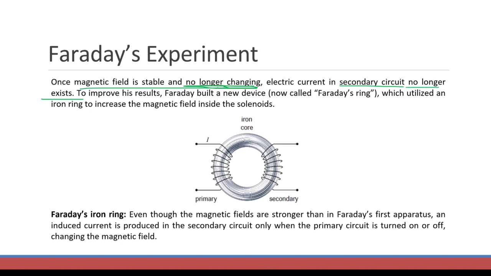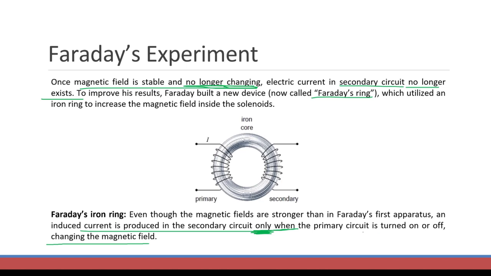To improve his results, Faraday built a new device, now called Faraday's ring, which utilized an iron ring to increase the magnetic field inside the solenoids. So in Faraday's iron ring, even though the magnetic fields are stronger than in Faraday's first apparatus, an induced current is produced in the secondary circuit only when the primary circuit is turned on or off, changing the magnetic field.